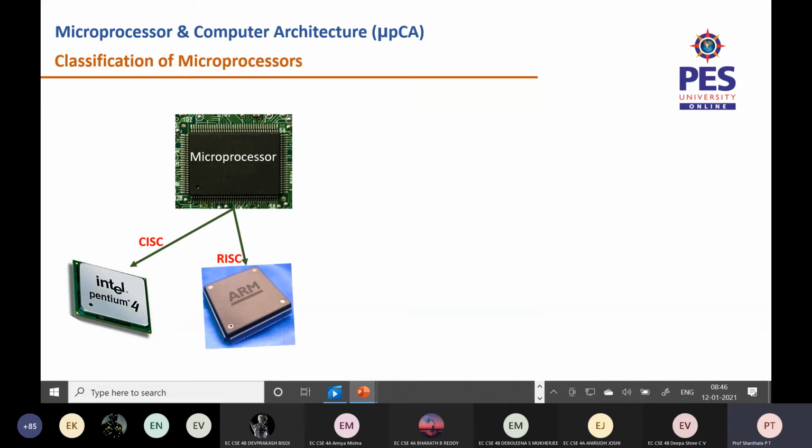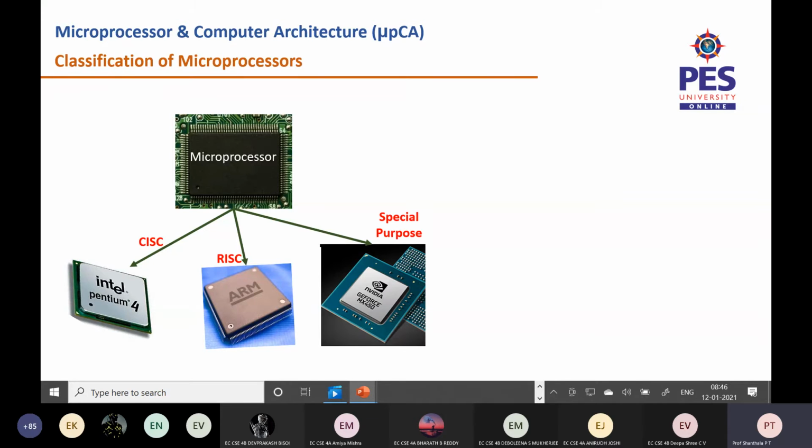And next we have RISC, so ARM processor. The other classification is the RISC machine. The best example for the RISC machine is the ARM processor, which we are going to study in our subject.